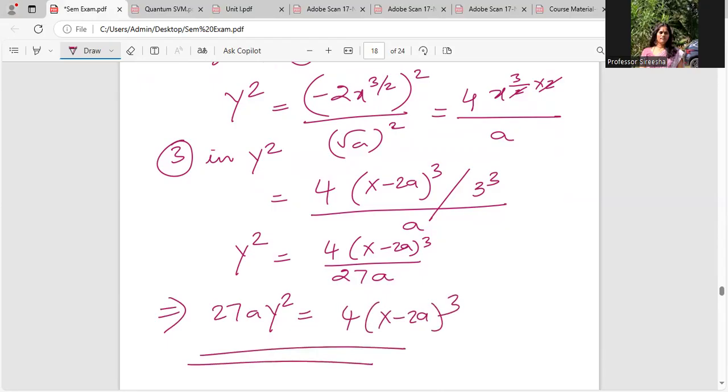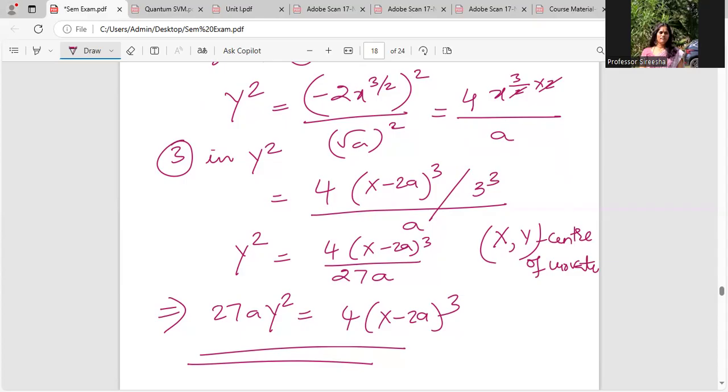Now, here I will stress one point, guys. If I'm asked to find center of curvature, I'll finish my problem with finding center of curvature. But if I'm asked to find the evolute, I have to find the center of curvature first, then go with finding a relationship between capital X and capital Y. My evolute is completely based on the relationship between the center of curvature points.